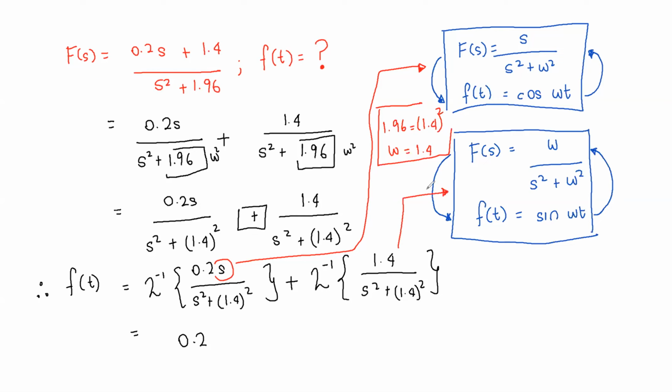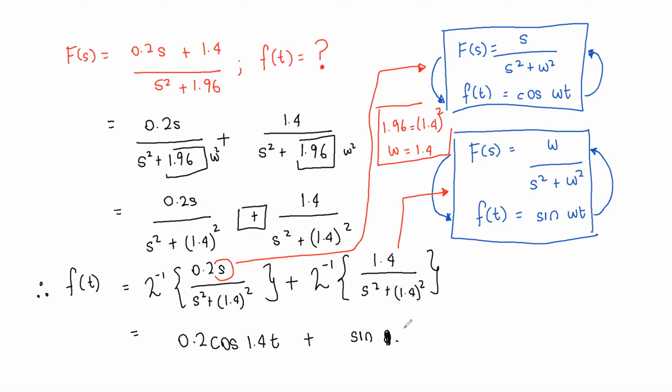So the answer is 0.2 cos omega t, where omega is 1.4, so it is 0.2 cos 1.4t, plus sine 1.4t.